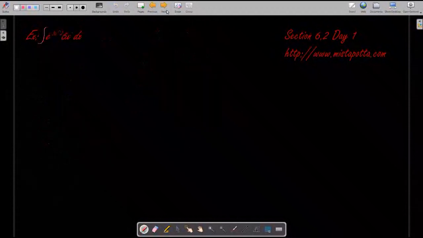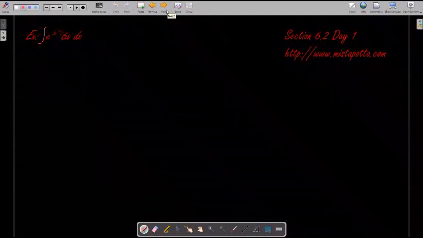Here's our second one. I've got e to the 3x squared power times 6x dx. And as usual, I'm going to be looking towards the most complicated part. This appears to be the most complicated part of my indefinite integral, this e to the 3x squared.